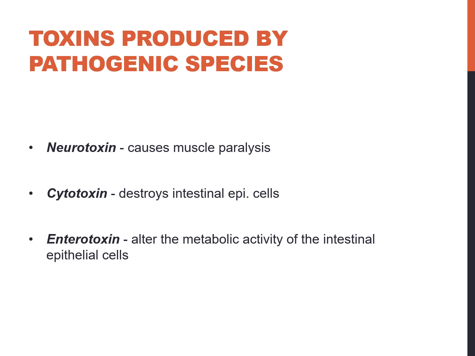One such example of an organism that produces a cytotoxin is Clostridioides difficile. And then we have enterotoxins, and entero basically means from the intestine, plus toxin. So an enterotoxin is a toxin that comes from the gut. Usually this is produced by organisms such as Salmonella or Shigella, and those enterotoxins alter the metabolic activity of the intestinal epithelial cells.